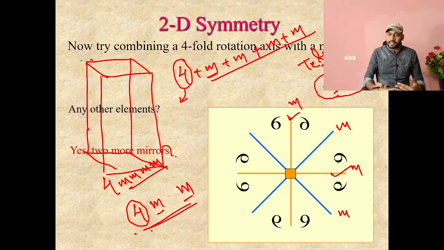The horizontal axes are equal in length and the vertical axis is unequal in length. The vertical axis will be fourfold symmetry because it is tetragonal, and A1 and A2 will have twofold symmetry.